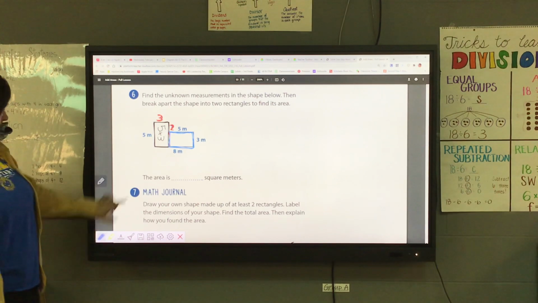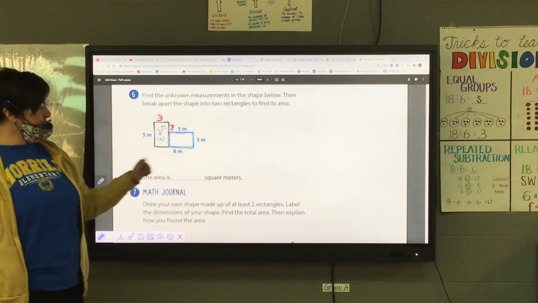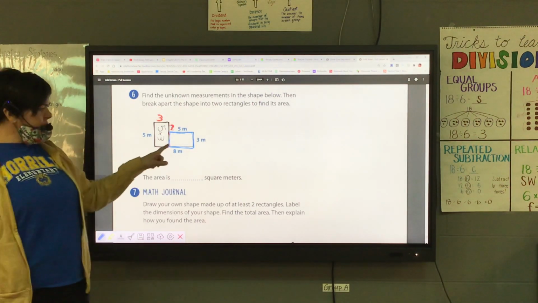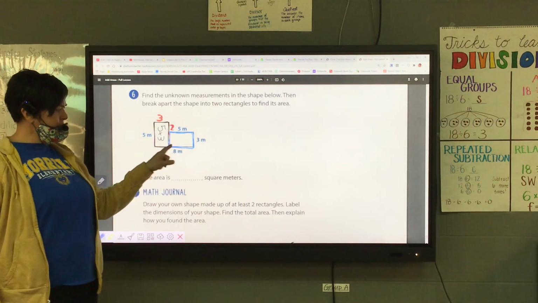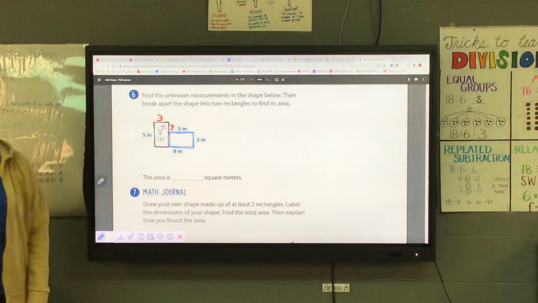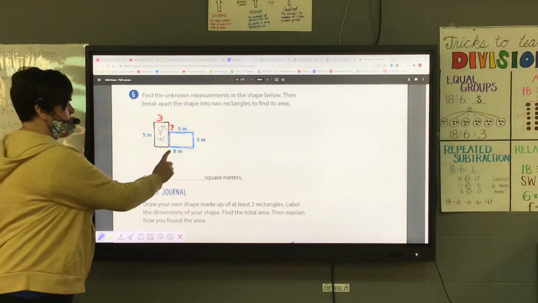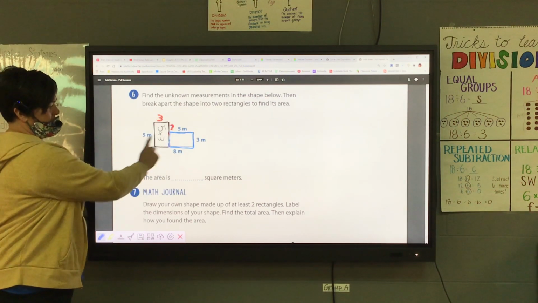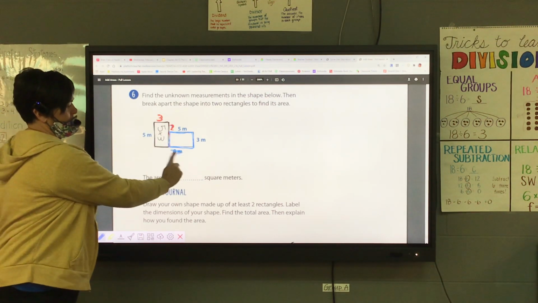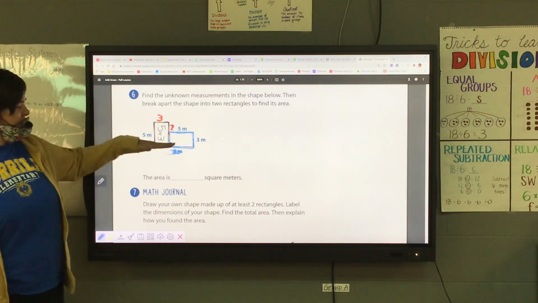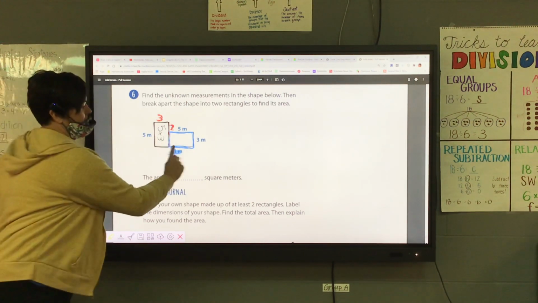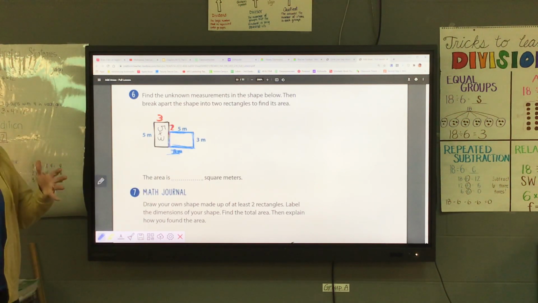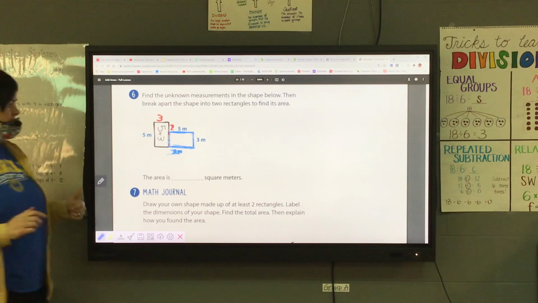Okay, let's look at what we would multiply on this one. Class, are we going to use 8 for this part of the rectangle? No, because we know that we broke that line apart, right? So what is the length of this rectangle? Do you see the measurement for the length of it, Raylyn?